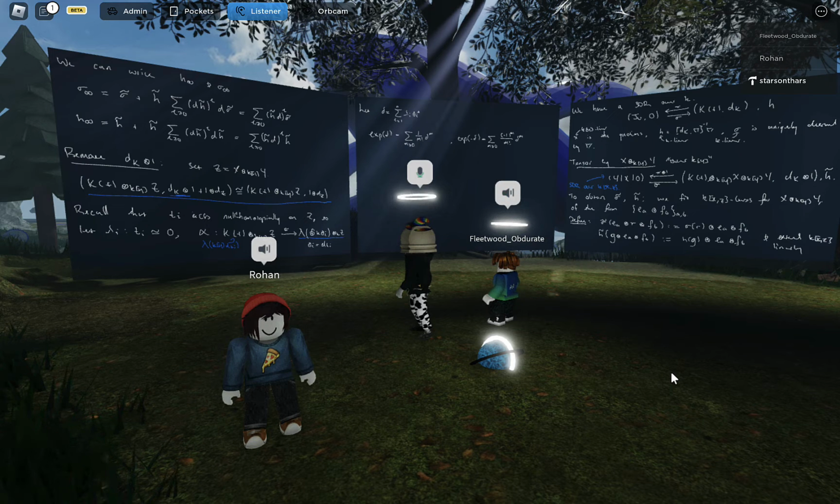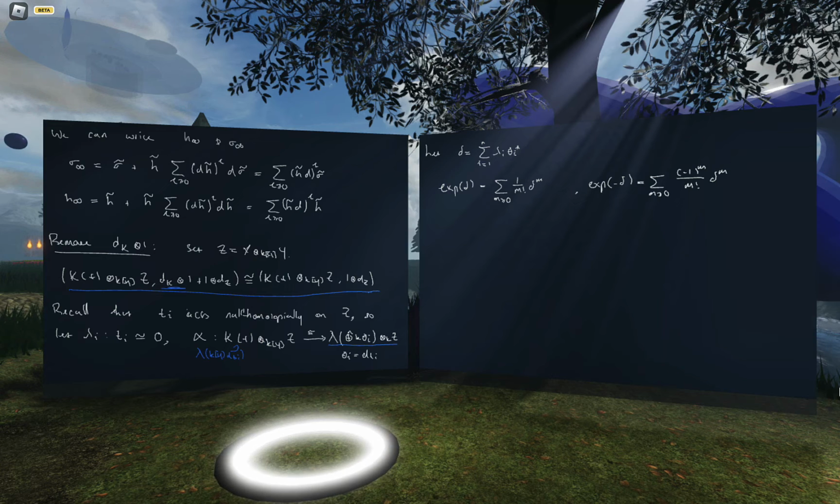Okay, so we have these two maps here. We've got delta up the top, and exp of delta and exp of minus delta, the exponential of minus delta. And I need to tell you why these are well defined. Note that delta is nilpotent.